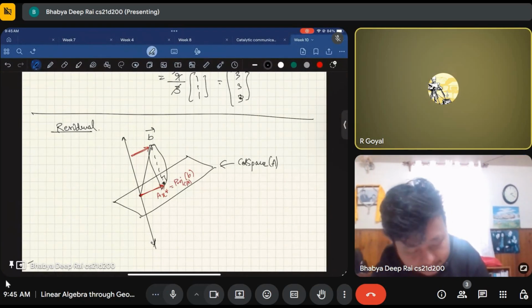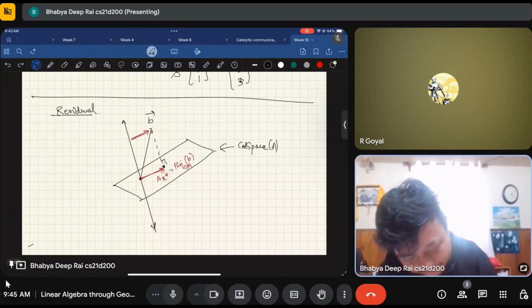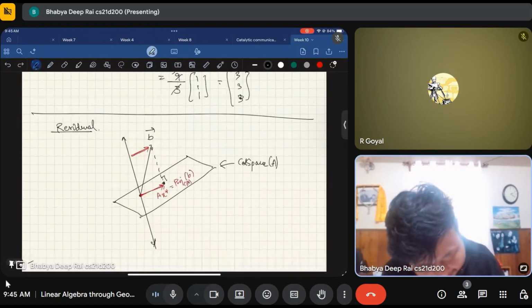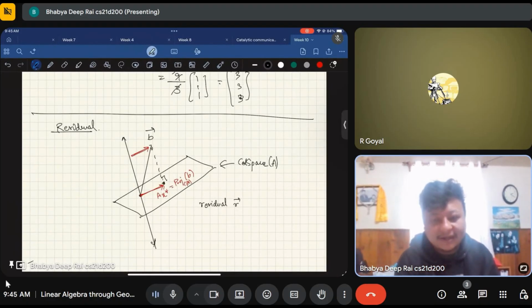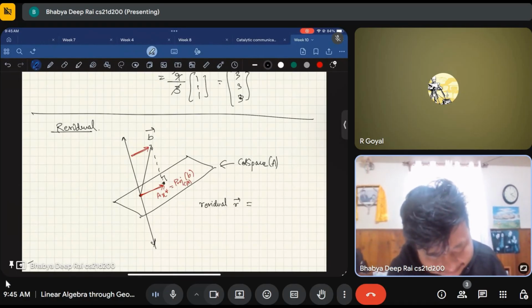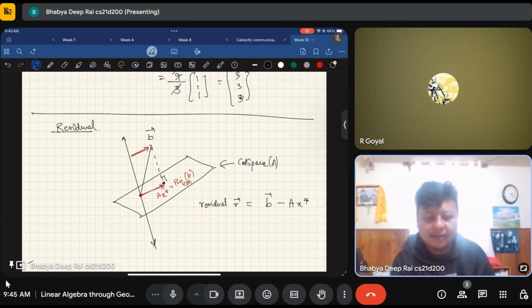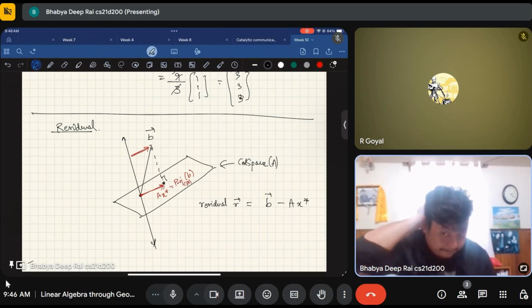Therefore the residual, which can be represented by the vector r, is the b vector minus Ax, or b vector minus the projection of b on that particular space.